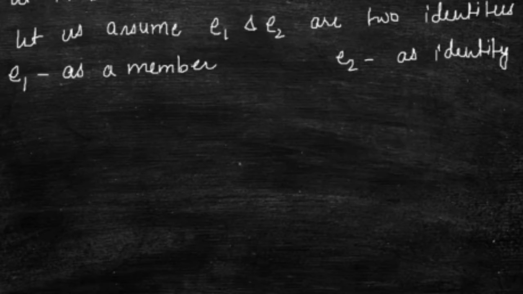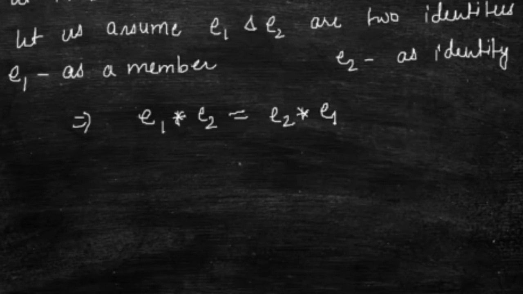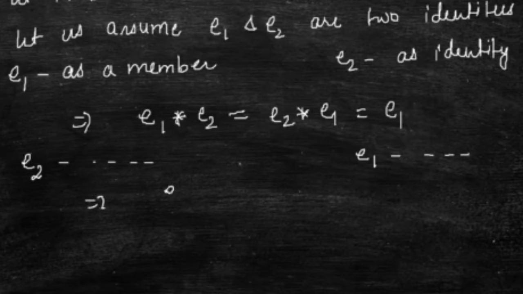And while considering this, I can apply the definition and I can say E1 star E2 equals E2 star E1, and it will be equal to E1 because I'm considering E1 as a member of A and E2 as the identity. So E2 will have no effect on E1. Similarly, if I consider E2 a member and I'm considering E1 the identity, I will get E2 star E1, which is equal to E1 star E2, should be equal to this time E2.